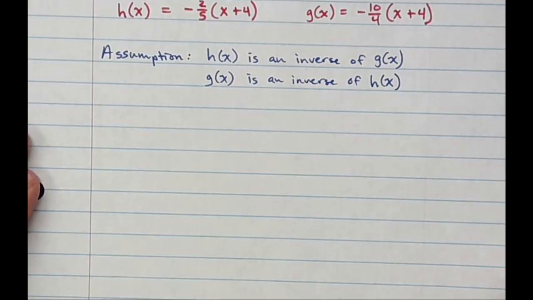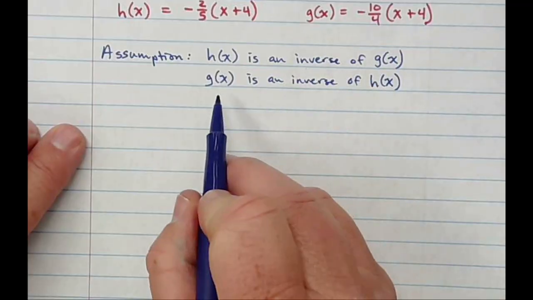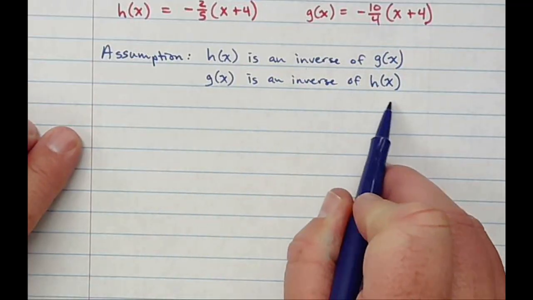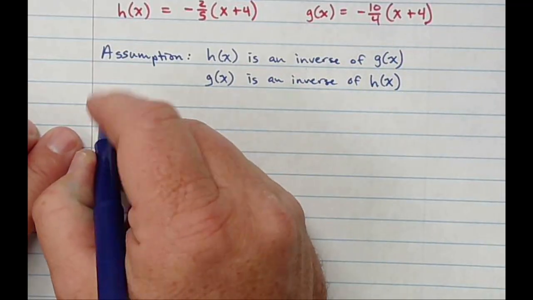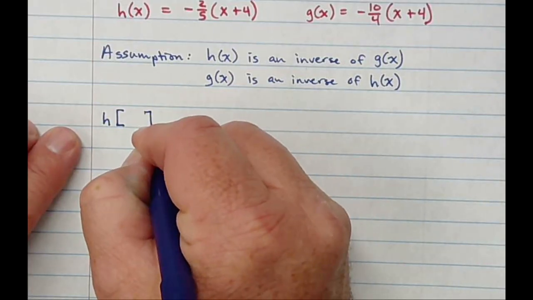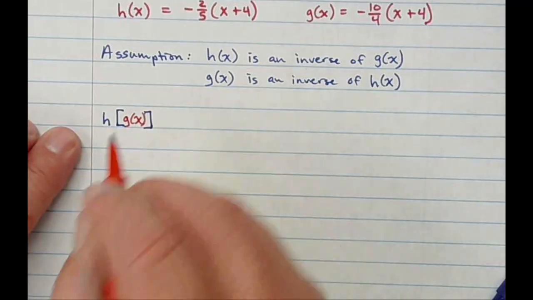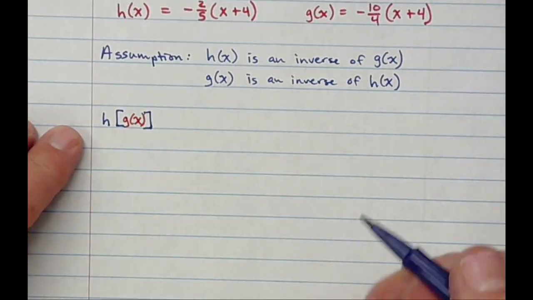So all I need to do is test one of them. So I'm going to test that g of x is an inverse of h of x. We're going to take h and pass in g of x. And I use the brackets because it's a little bit cleaner to read when you're having all these parentheses.